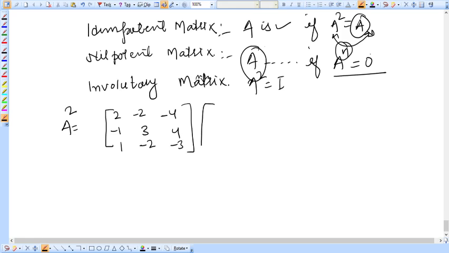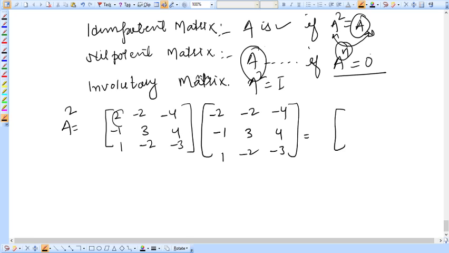A square would be A into A. One more time, you are going to write it. 1, 3, 4, and if you multiply 3, 2, 4, minus 4, this would be plus 2, and this would be minus, total will be equal to 2, right?